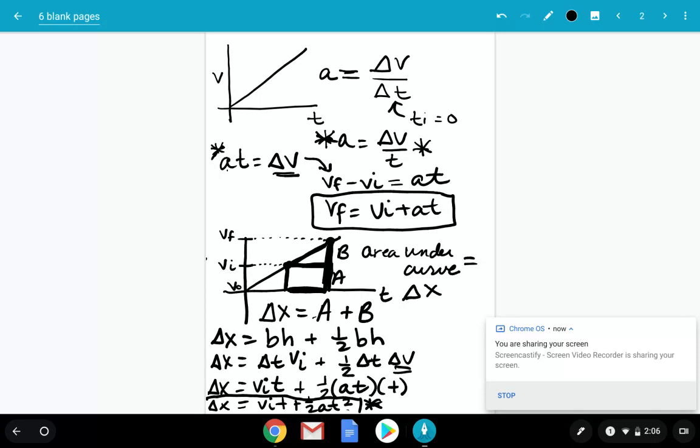Now, my third one is actually an algebraic combination of those two. So let's consider this. In this first equation up here, of all the variables, I am missing delta X. There's no delta X in here. And down here, I'm missing VF.